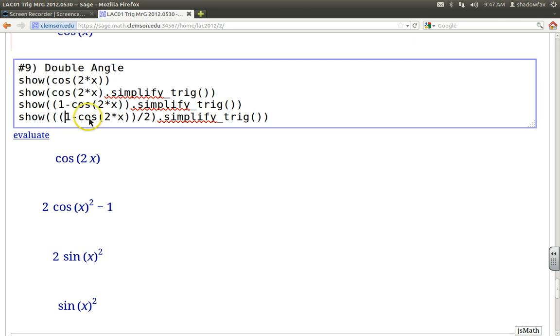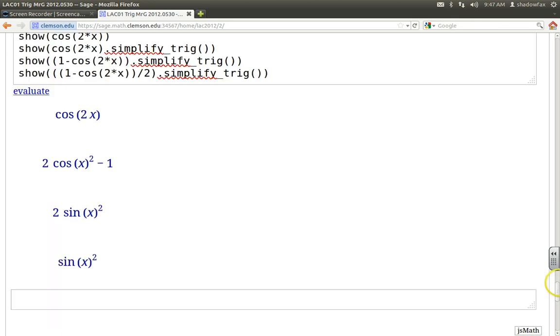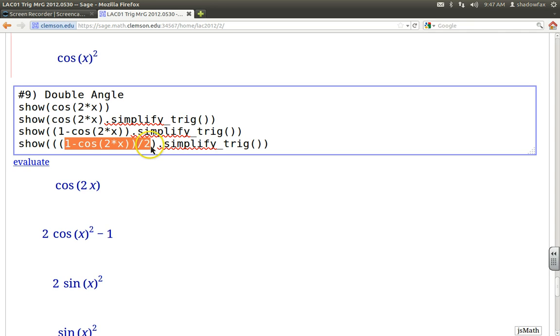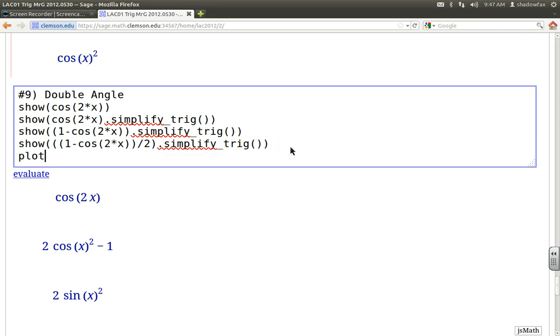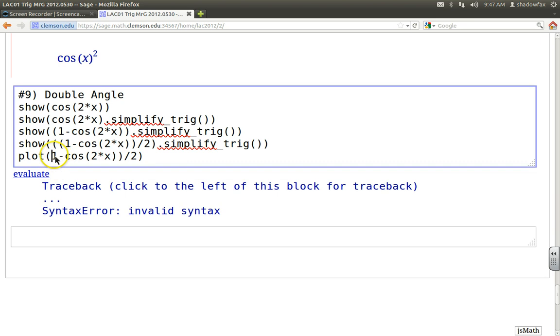And of course, you can confirm this graphically. If you graph this and you graph this, they'll look the same. And just for fun, why don't we do that? Let's do a plot. How about we plot that? Let's plot this. I'm missing a parenthesis here.